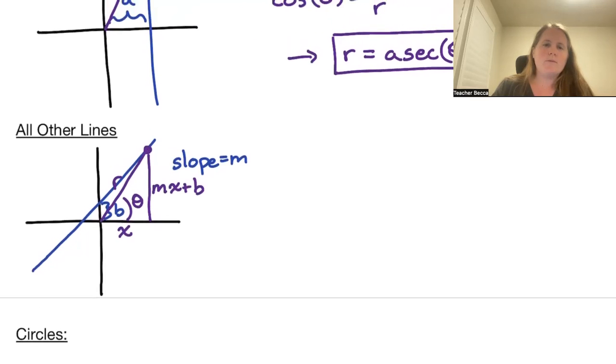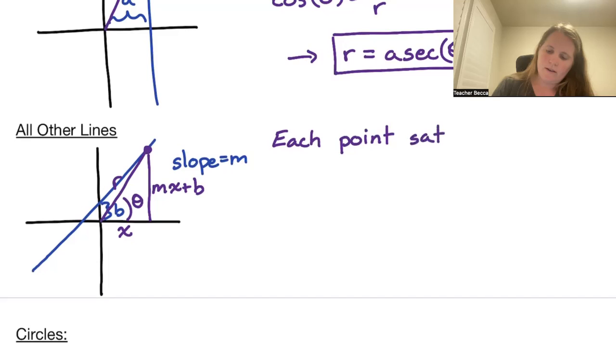So for this point, each point on the line satisfies the fact that x is equal to r cosine theta.